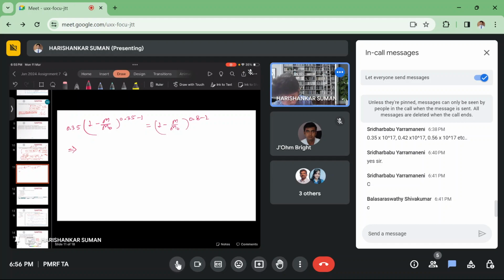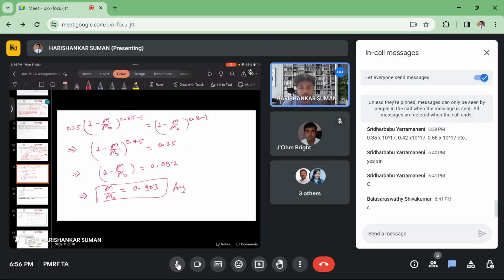Please hold this power. So after taking the power root, please look.